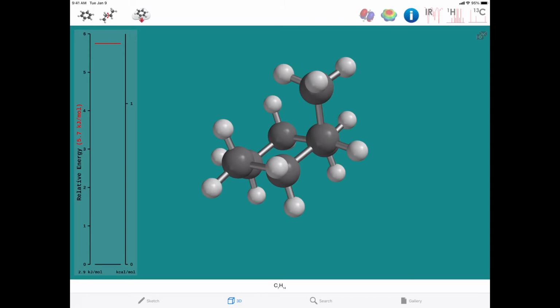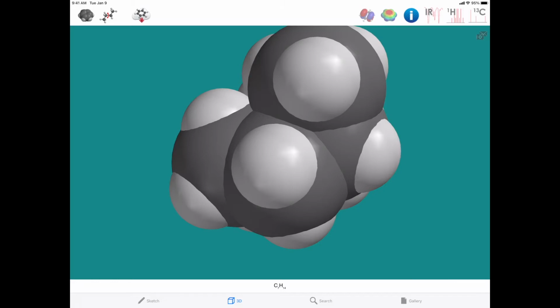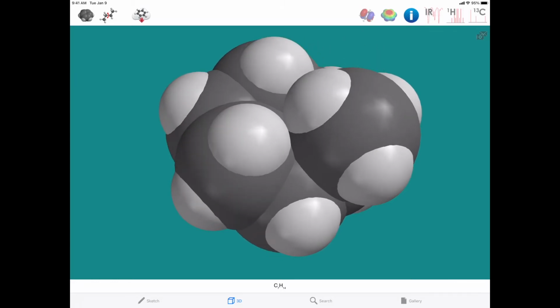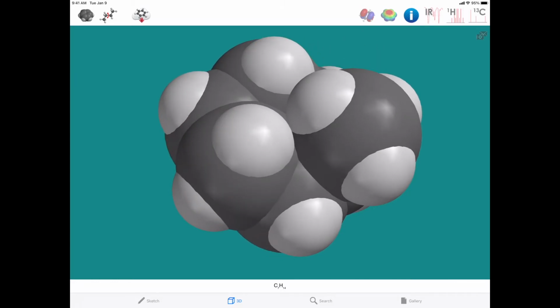It's kind of leaning just a little bit. That's to avoid the steric problems. It may be difficult to see these steric problems, so we're going to go to a space filling model. Do you see there how the methyl group proton is basically making contact with the other axial protons? That's the 1,3 diaxial interaction that's a problem.